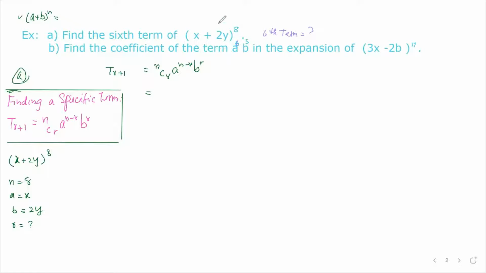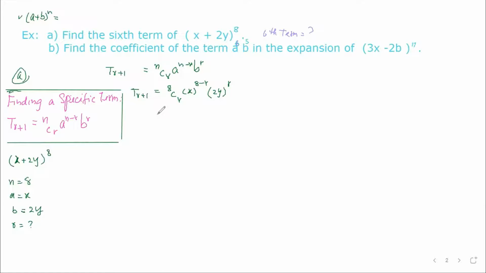So we replace this one, T r unknown plus 1 equal to n is 8, C r unknown, a is x, the x power 8 minus r, and b is 2y power r.